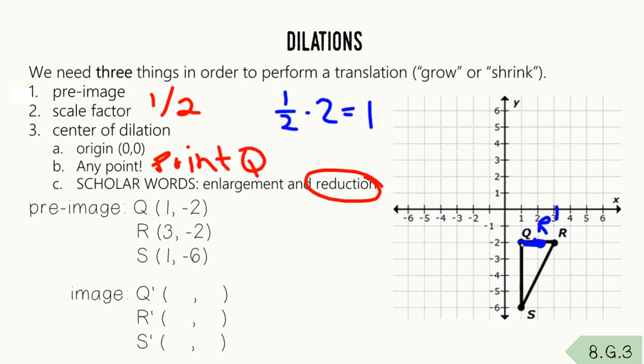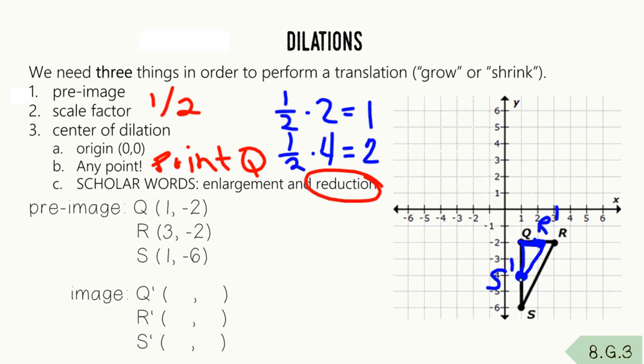When I look at my original side QS, I see that it had a distance of 1, 2, 3, 4, and half of 4 is 2. So I will go a distance of 2, and that is where I will find my new S, which I will call S prime.